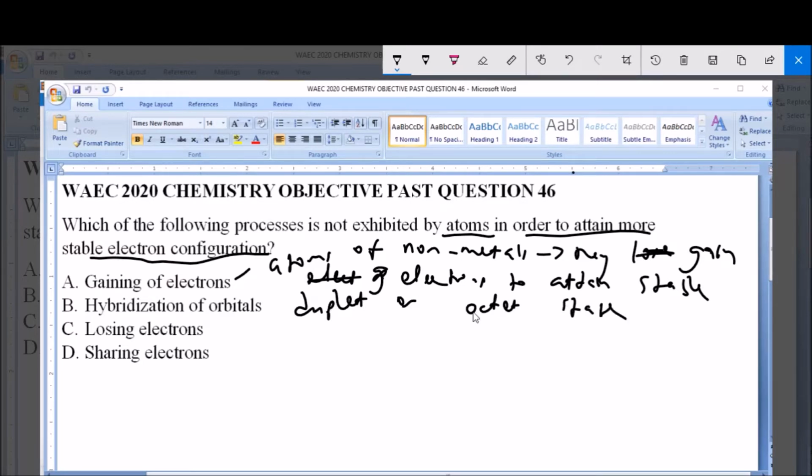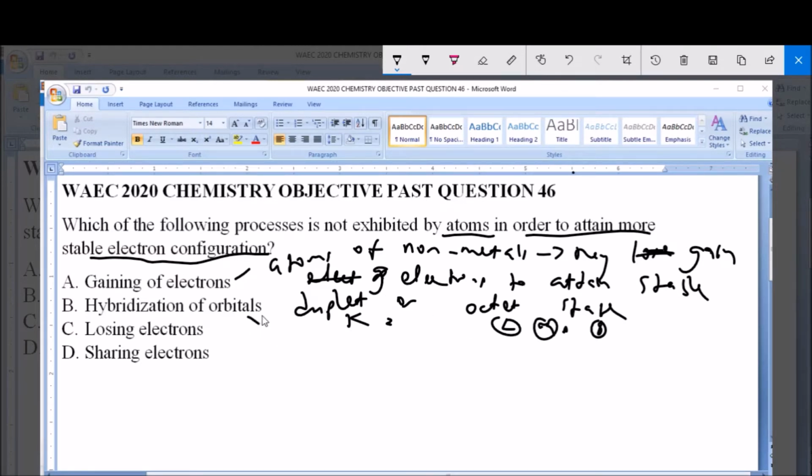The duplet state is usually seen in the K shell, and then the octet state is seen in the other L and M shells. So the duplet state is attained when the maximum number of electrons is 2, and then octet is when the maximum number of electrons is 8. So atoms of nonmetals gain electrons to complete this configuration.